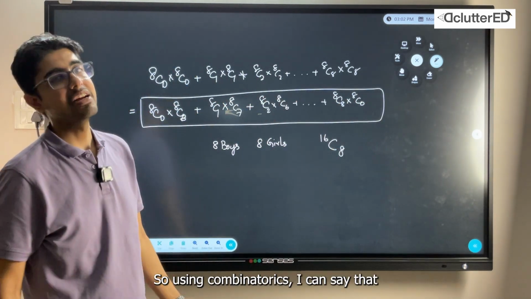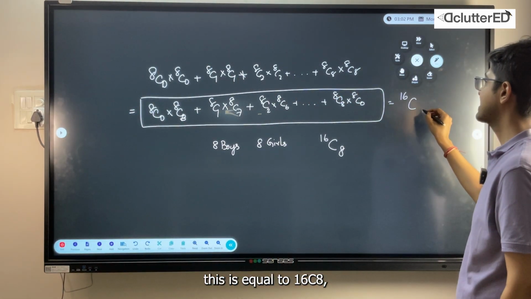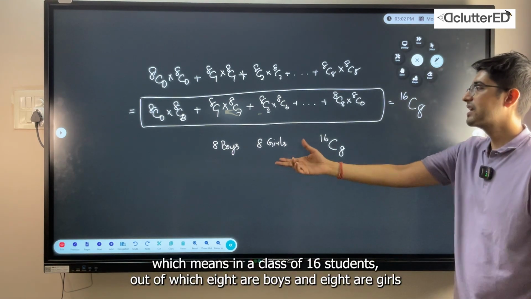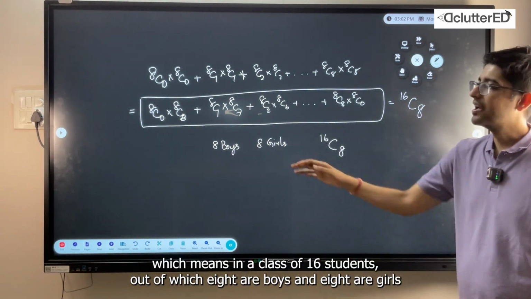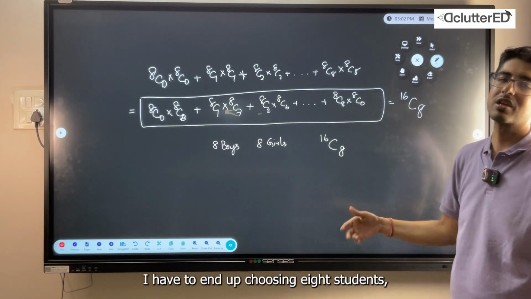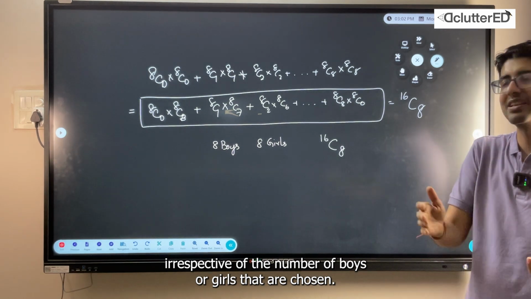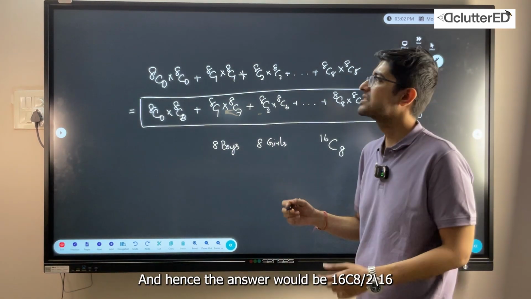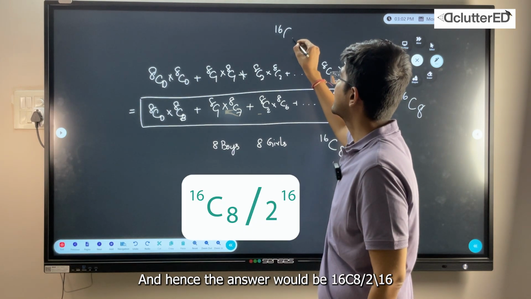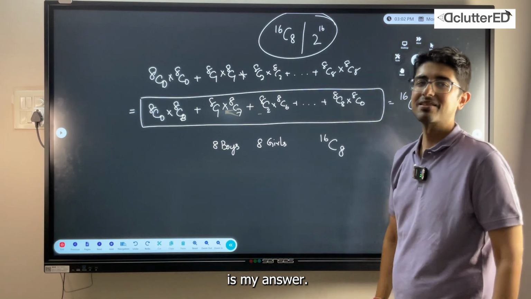So using combinatorics, I can say that this is equal to 16C8, which means in a class of 16 students, out of which 8 are boys and 8 are girls, I have to choose 8 students irrespective of the number of boys or girls chosen. And hence, the answer is 16C8 by 2 power 16.